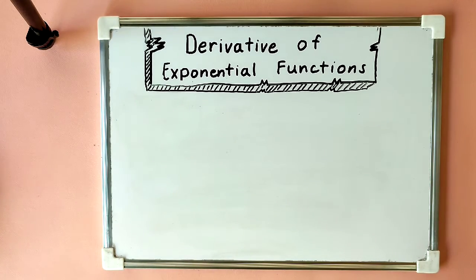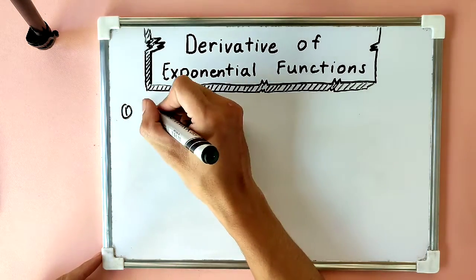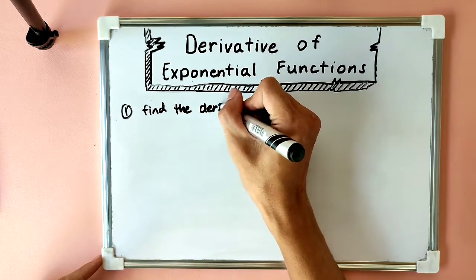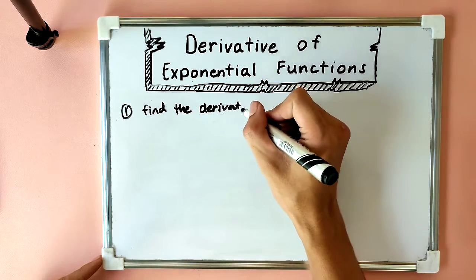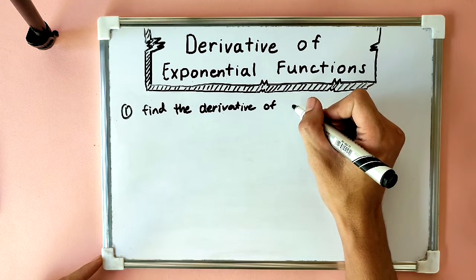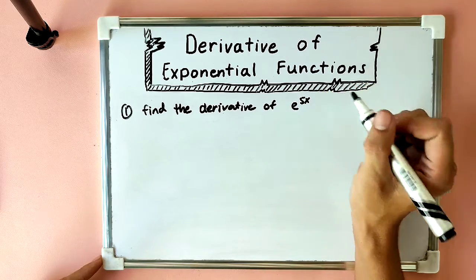So let's start with simple and basic problems for us to be able to understand the concept of derivative of exponential functions. So for problem number 1, find the derivative of e raised to 5x.